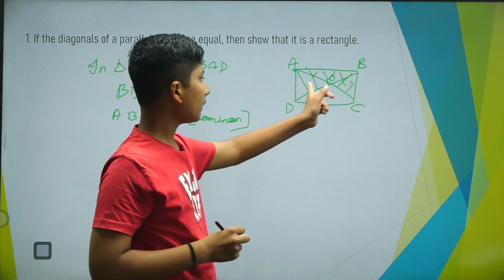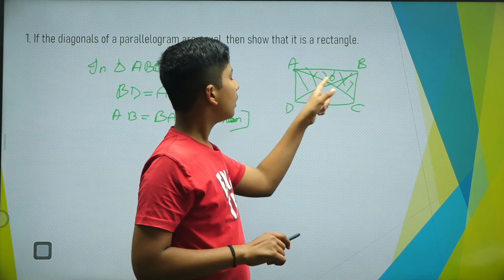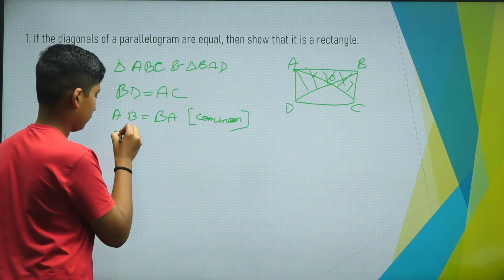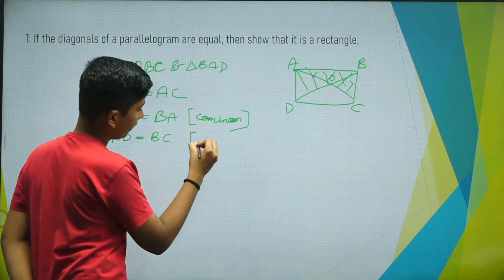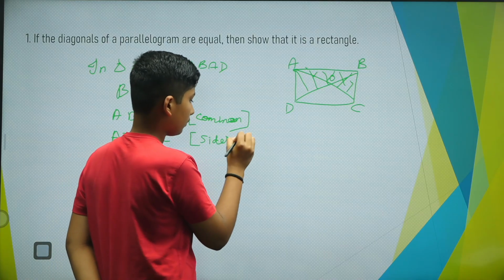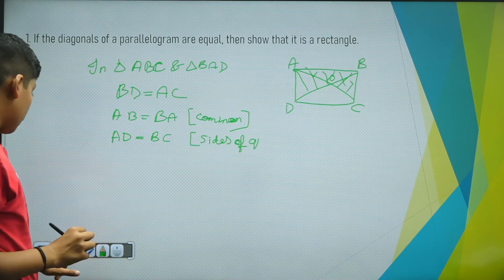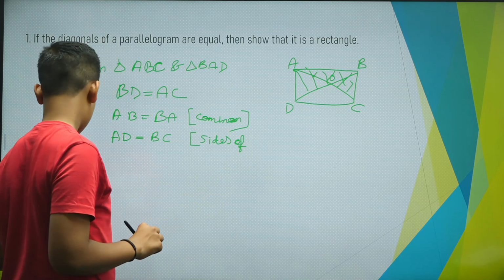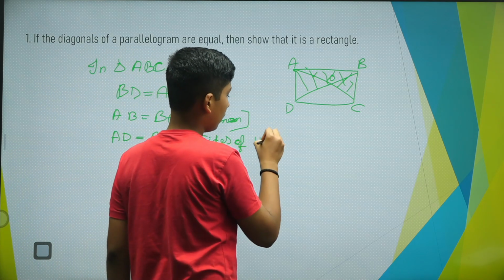And at last, AD equals BC, since they are sides of the parallelogram.